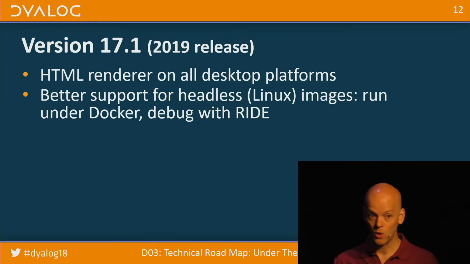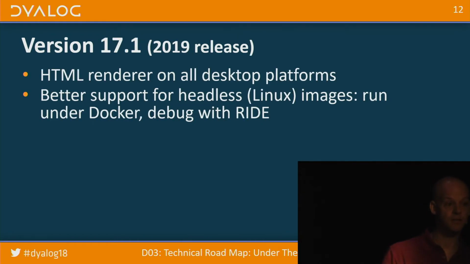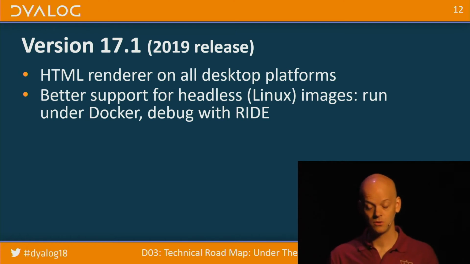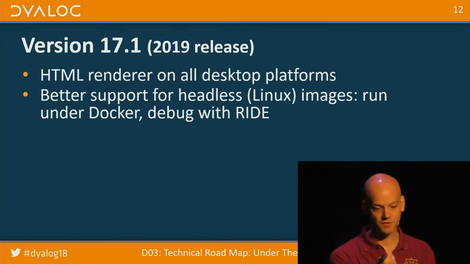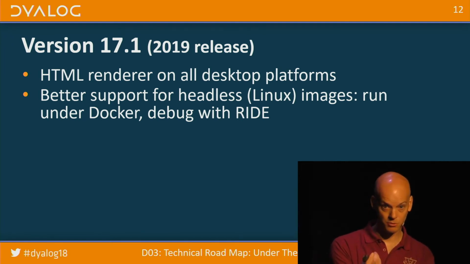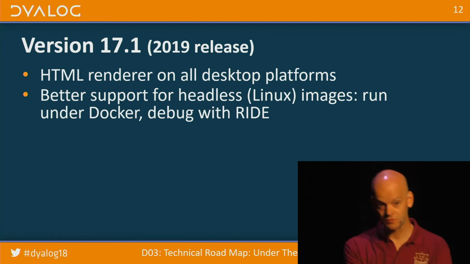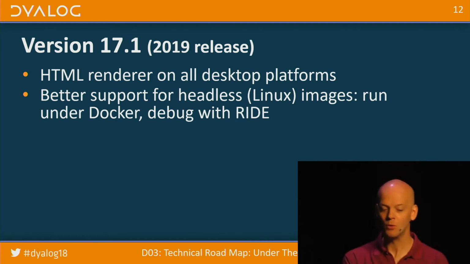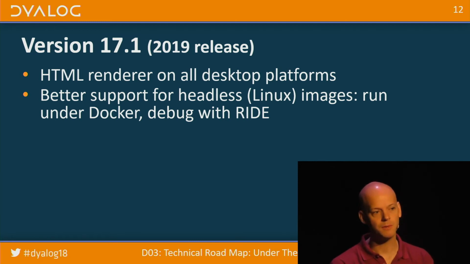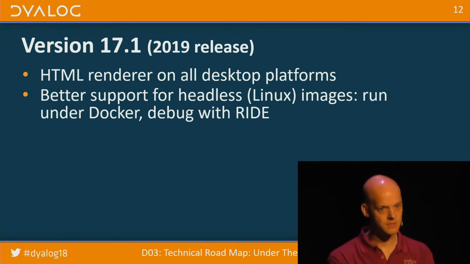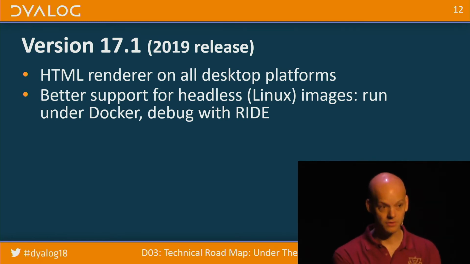So 17.1 first, which should be released earlier than usual next year. The kind of defining features for this are to really get the HTML renderer working properly on all platforms. This was a goal for version 17.0 that we were close to achieving, but there are technical reasons why it turned out to be difficult, in particular to get this working nicely on the Linux desktop.